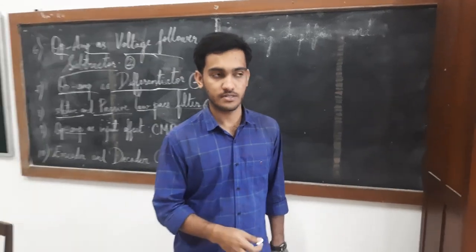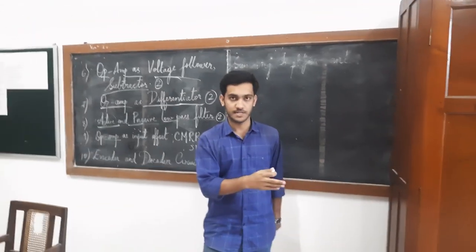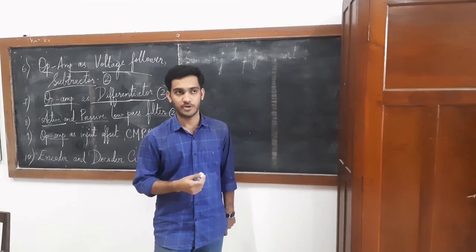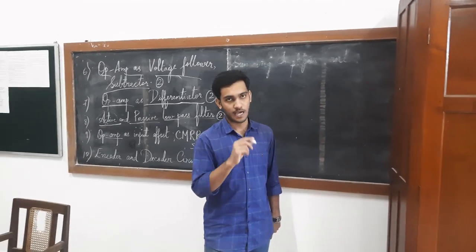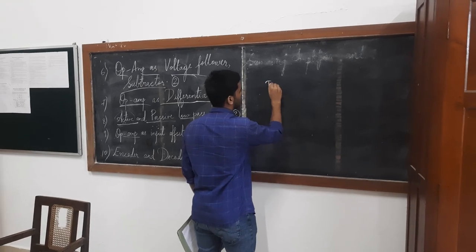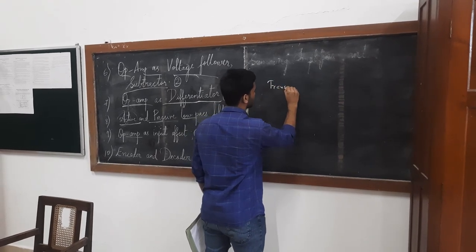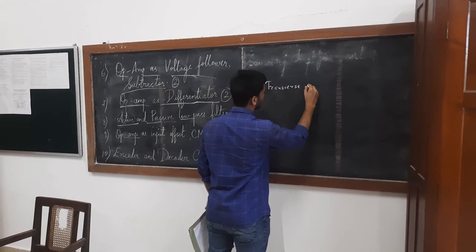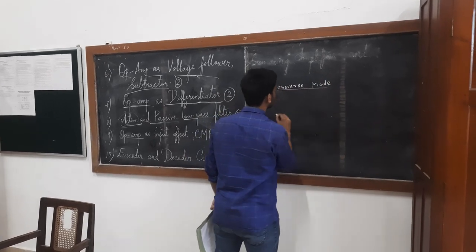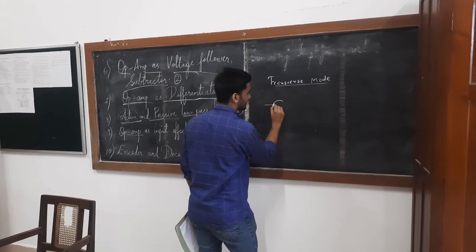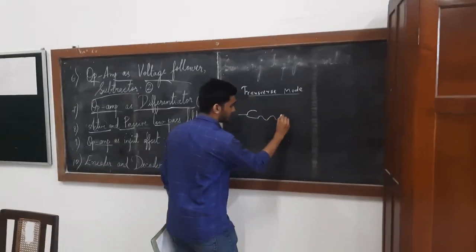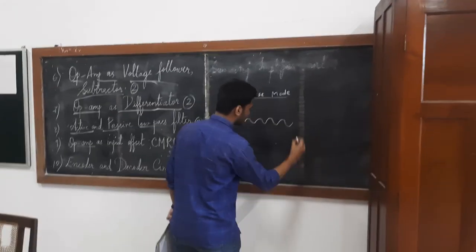There are mainly two modes in this Melde's apparatus: transverse mode and longitudinal mode. The first one is the transverse mode, where we set the electrical vibrator on the same axis as the string, and the waves are formed.